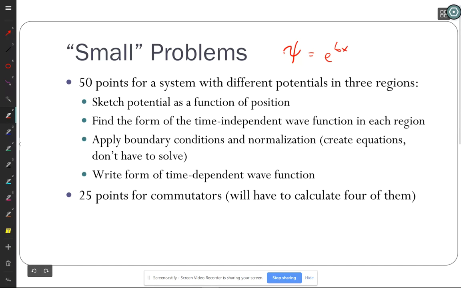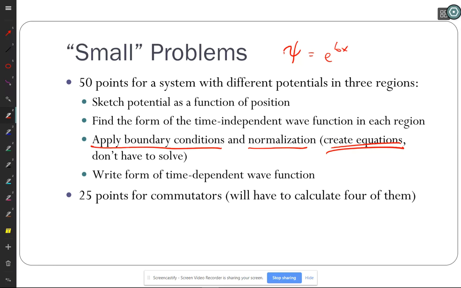So you'll need to find what the form of the independent wave function is in each region. You don't know what the constants are, but you know I have like a e to the ikx plus b e to the minus ikx, or whatever is appropriate for that region. And then you need to apply boundary conditions and normalization by creating equations. You're not solving these equations.